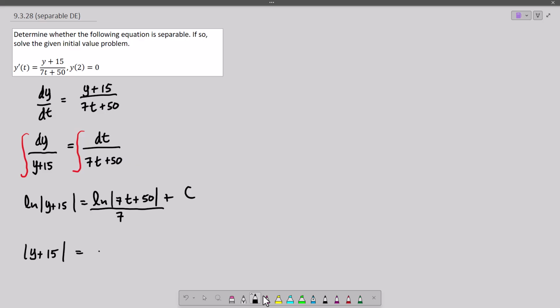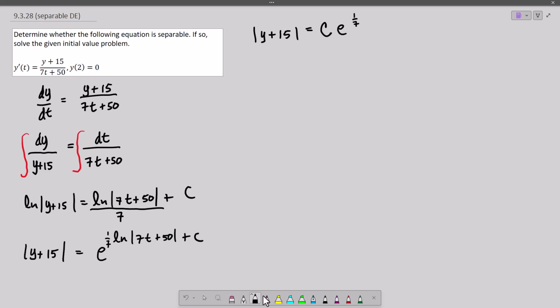And when we exponentiate both sides, let's write this as a coefficient of 1/7 natural log absolute 7t plus 50 plus c. Now we can use our laws of exponents here to rewrite the right-hand side in a way that is going to put a c down in front.